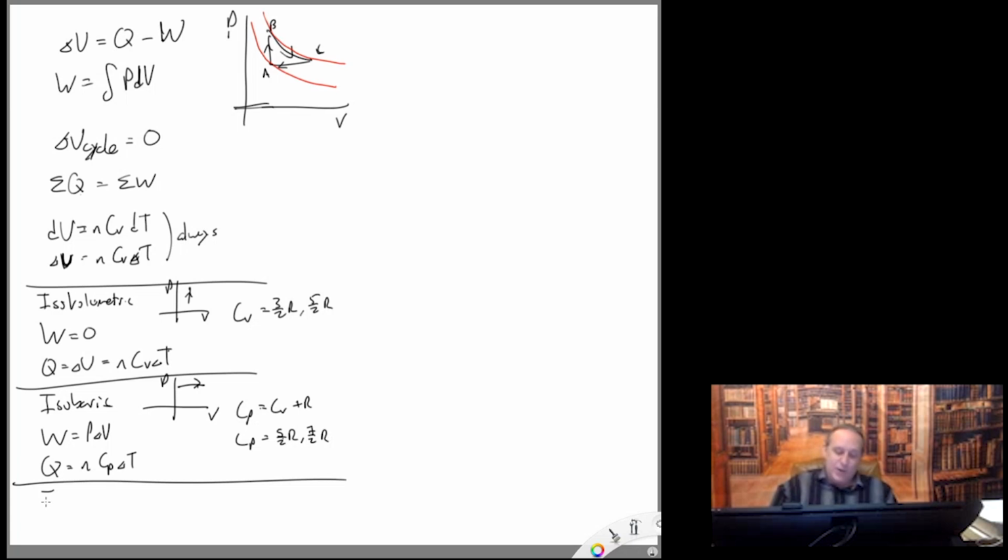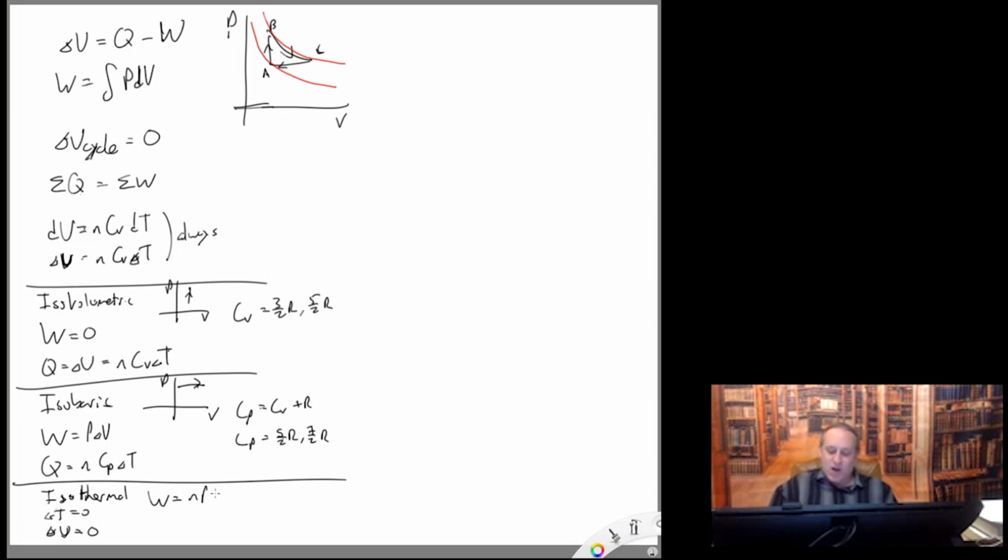And then we had isothermal. Isothermal is delta T equals zero, so that means delta U also equals zero. And we worked out the integral for the work.